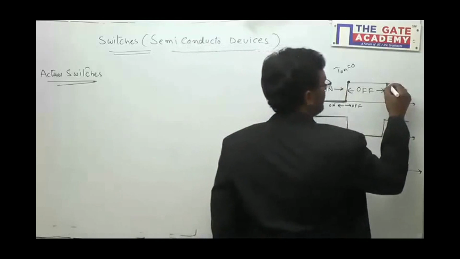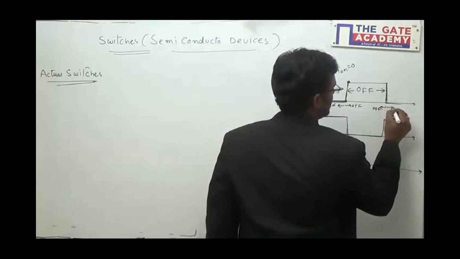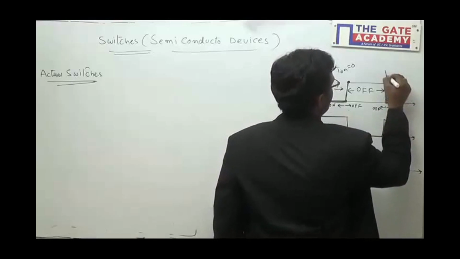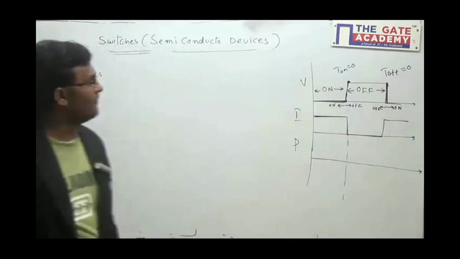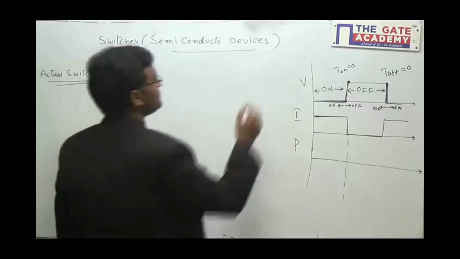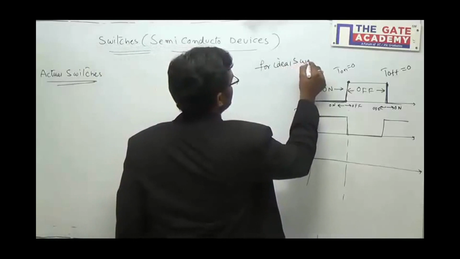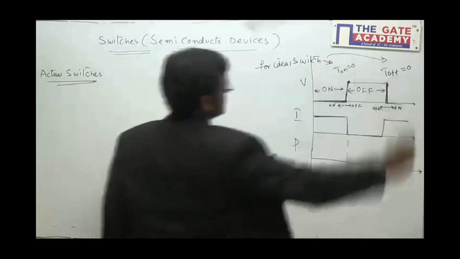But what about the turn off? Here is off and here is on. How much duration? Very fraction of time. So for an ideal switch, T on is 0, T off is also 0.